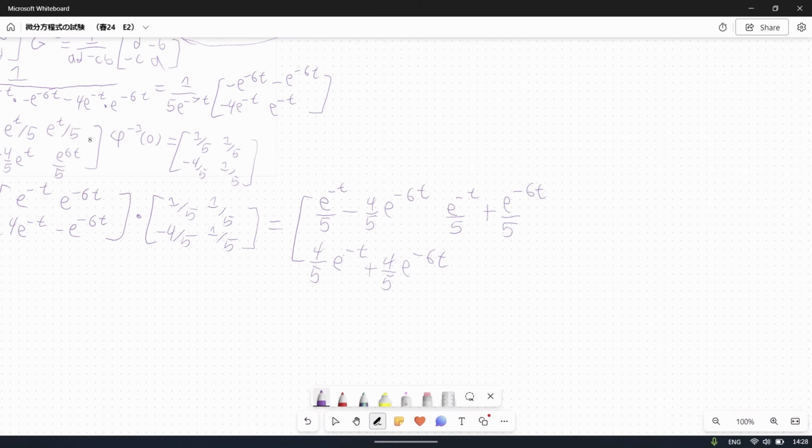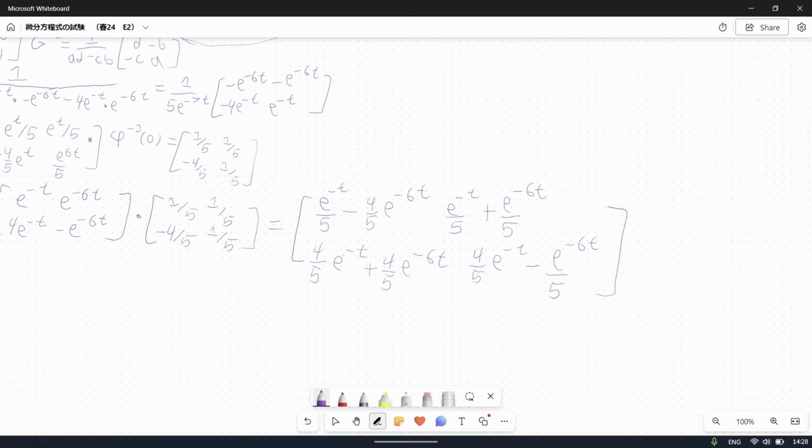And then for the bottom right, you take the dot product of the bottom row of this matrix with this column. And so what that ends up being is 4/5 e to the negative t minus e to the negative 6t over 5.